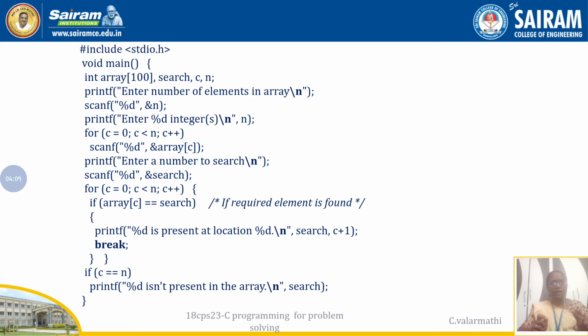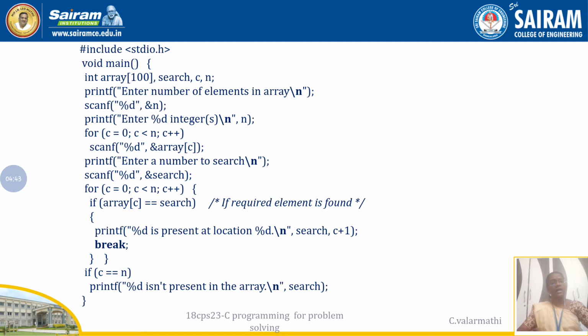If array of c is equal to search, it means that particular element is present at the location c. Then it prints that the element is present at the location c plus 1. Why have I used c plus 1? Because the array starts from the 0th location and goes to location n minus 1. Say for example my searching element is found as the third element, but it will be stored in the location array of 2.